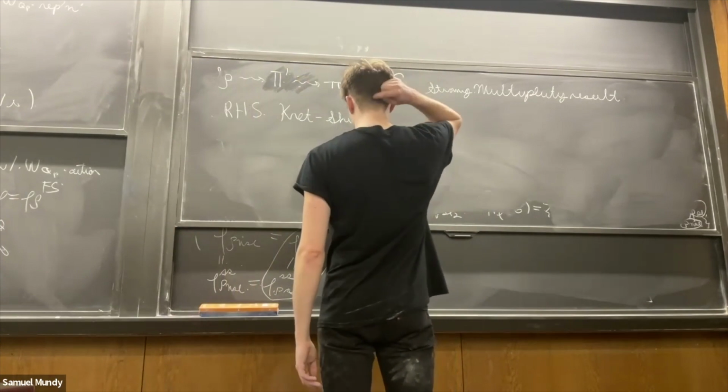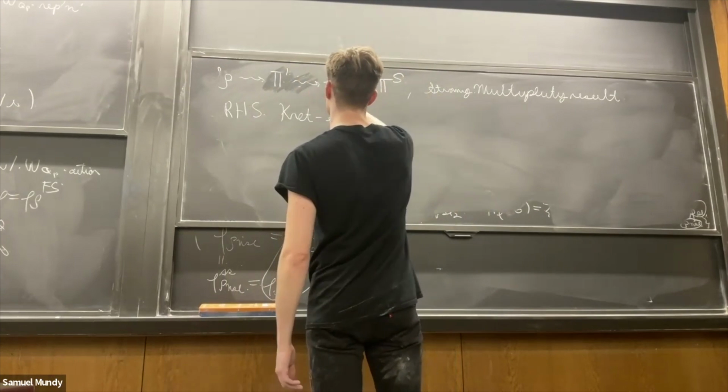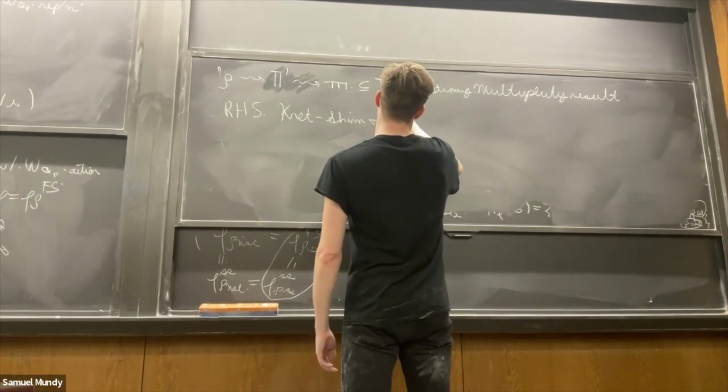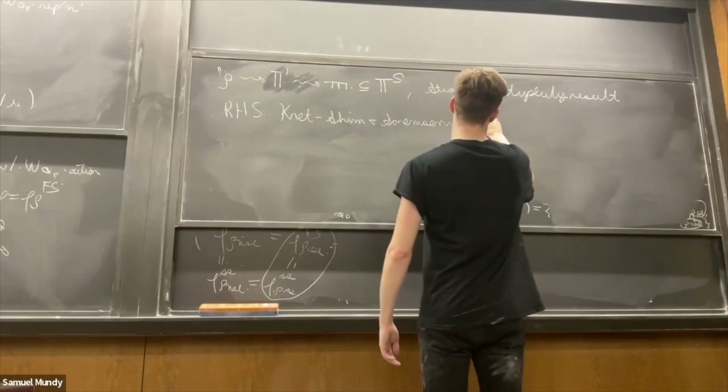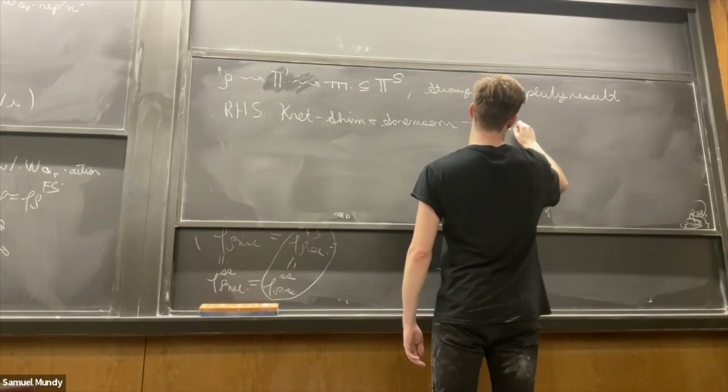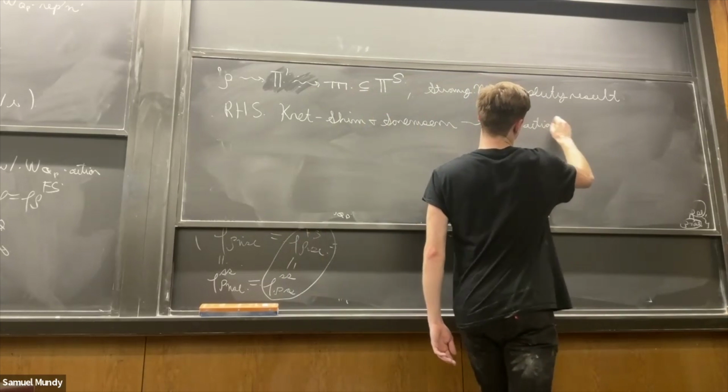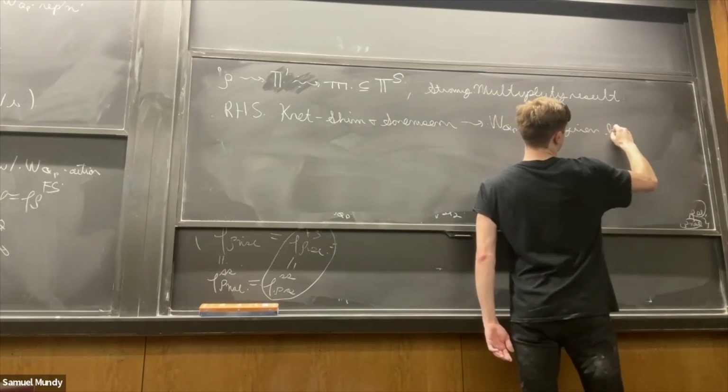So it's proven by Kisin, Shin, and Zhu very recently, together with the local-global compatibility result of Claus Sorensen, to show the W_Qp action is given by standard composed with phi.